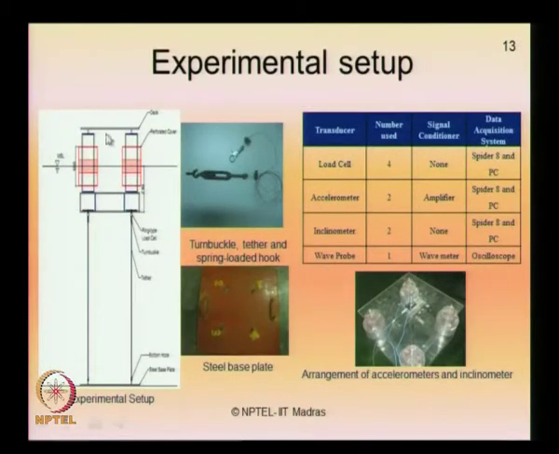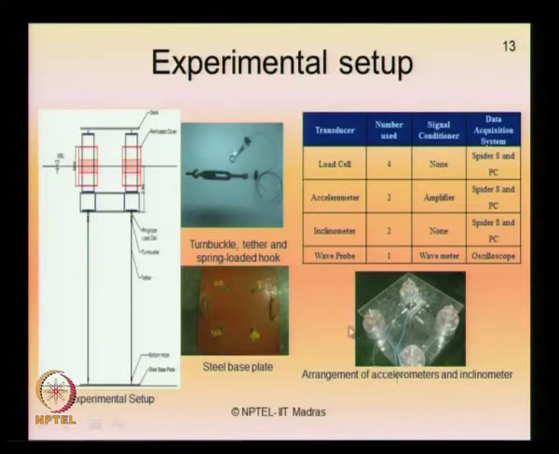So the model has been installed in a deep water pit in the experimental setup using the turnbuckle tether spring hook loaded system. The tension is given at the top. This is the base plate, which has the arrangement to hold down the tethers in position. This is the steel base plate shown here.